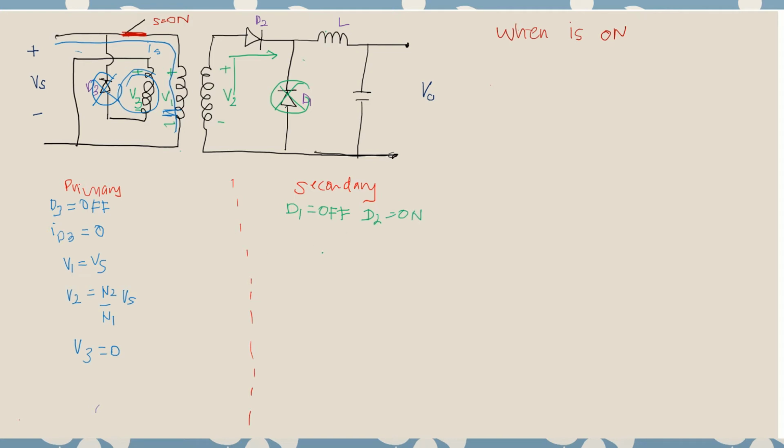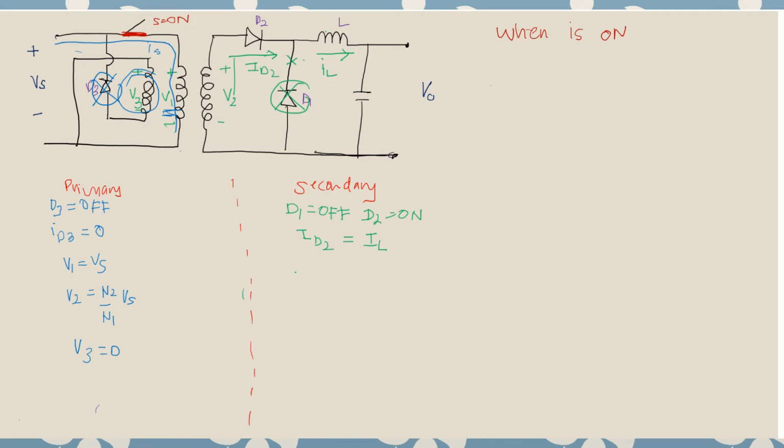So in here, your ID equals to, you agree? Because now this is your ID2. The one flowing here is your IL. Because there's no disjunction, of course ID2 will be equal to IL.